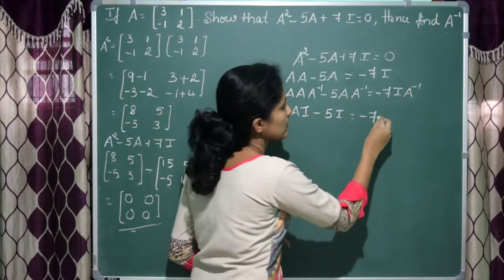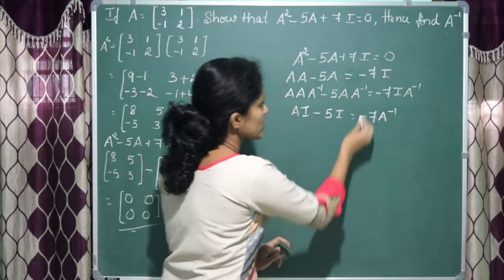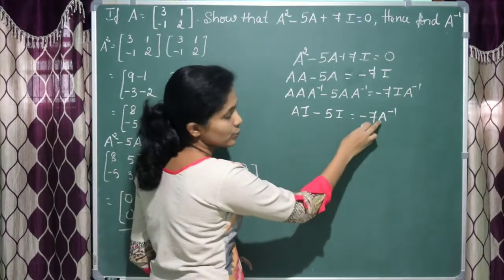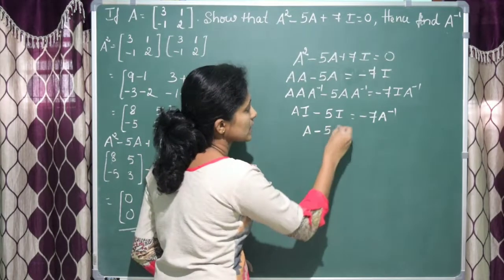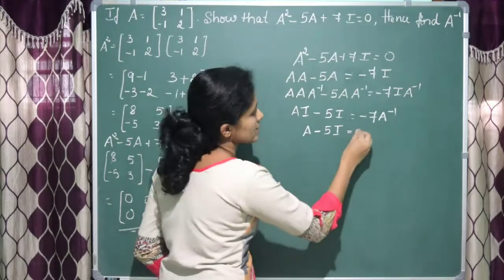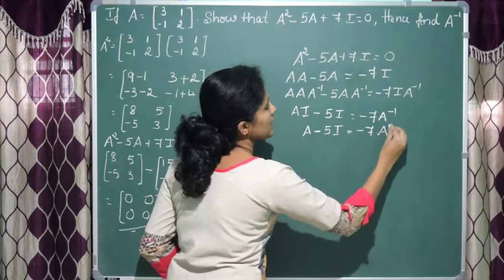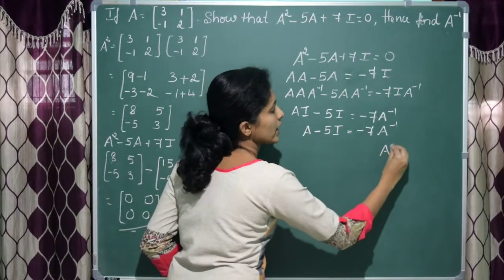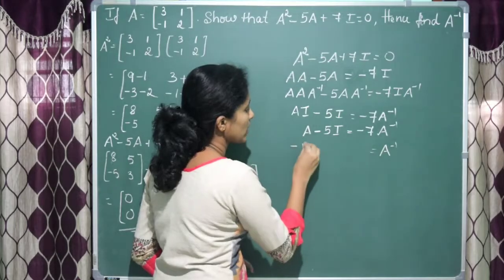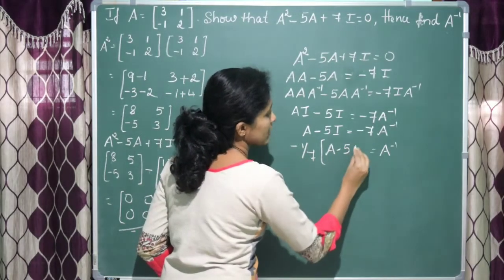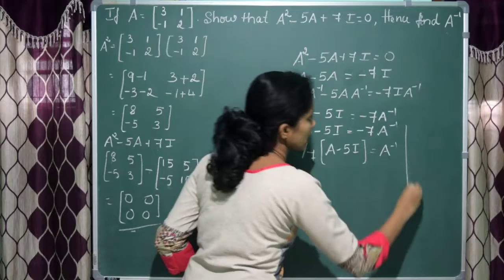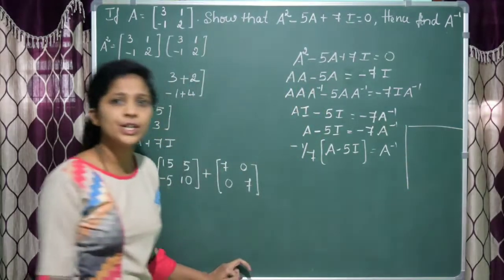I into A inverse will be A inverse, right? So minus A inverse. Now we have to find A inverse. So A into I can write A minus 5 is multiplied with the identity matrix is equal to minus 7 A inverse. We need the value of A inverse. So A inverse can be written as minus 1 by 7 into A minus 5I. Is it clear? Before this, one more thing, you have to check the determinant of a matrix.